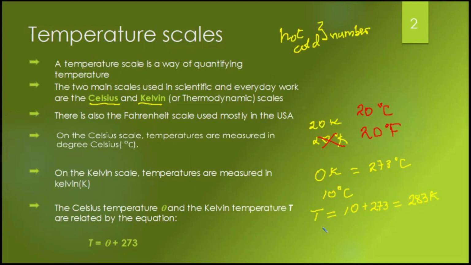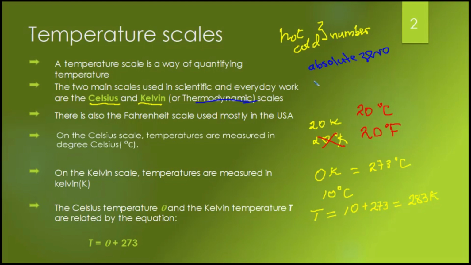Now let me get back here. The Kelvin scale, or the thermodynamic temperature scale, is based on the concept of absolute zero. Absolute zero is the temperature at which all motion ceases. So at absolute zero, nothing can move. All atoms, all molecules stop vibrating at absolute zero.